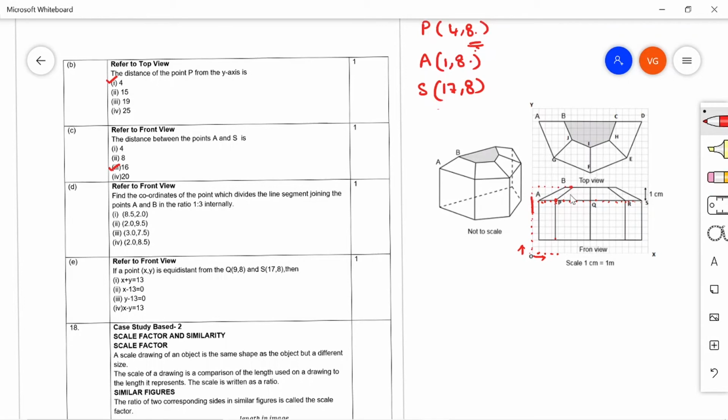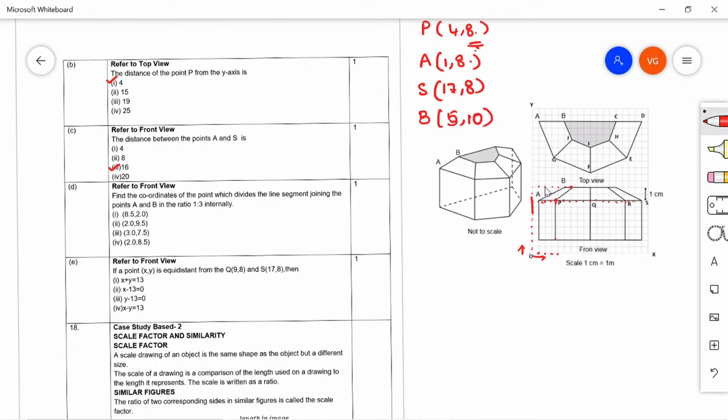Let us see the coordinates of point B. Starting from here, count it. 1, 2, 3, 4, 5 and then 5 comma on y-axis it has to be 1, 2, 3, 4, 5, 6, 7, 8, 9, 10. So point B here is 5 comma 10.